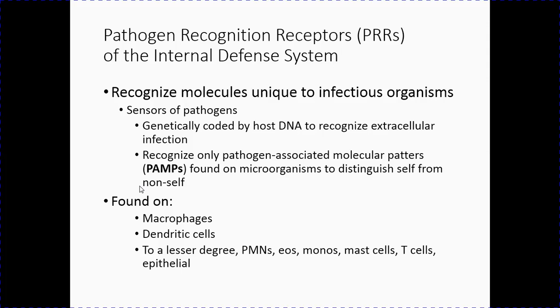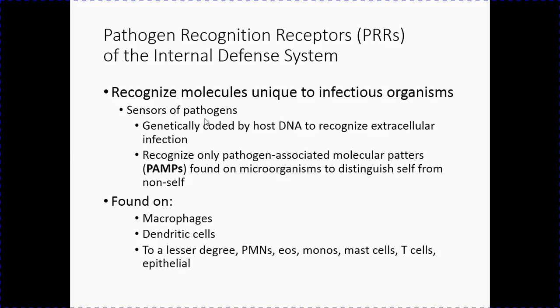These pathogen recognition receptors, a great way to think of them is that they're sensors of pathogens. They sense what's a pathogen and what's self. They're genetically coded by the host's own DNA to recognize non-self, to recognize that extracellular infectious agent.